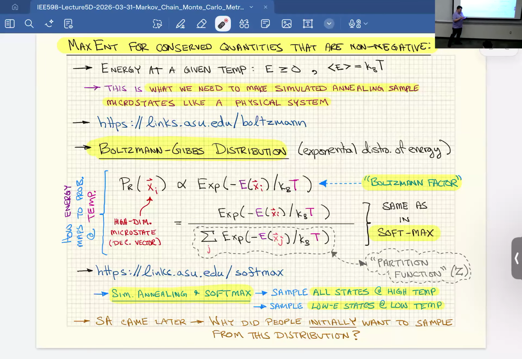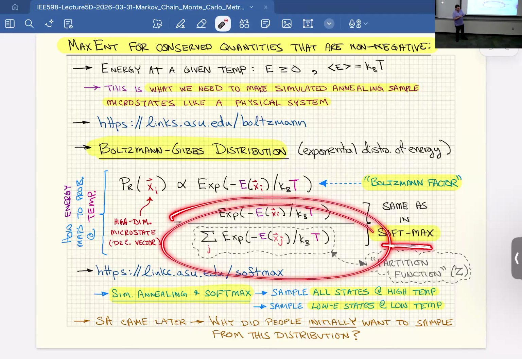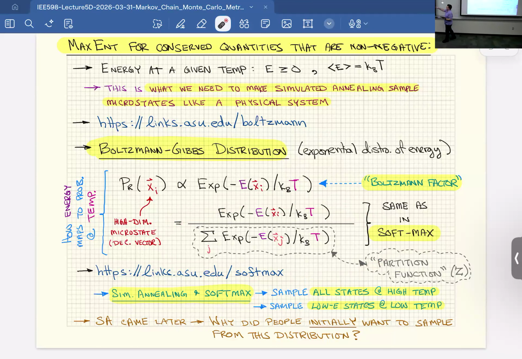This formula, though, is the same formula as in softmax, and so softmax is a tool that sets up a probability distribution at the back end of, say, a neural network, where a neural network is trying to make a decision about a bunch of discrete classes. Is this thing in one class or another class or another? And it builds up enough evidence, and that evidence we view as kind of like inverse energy. And then based on that relative evidence for one classification or another, what classification do you actually make?